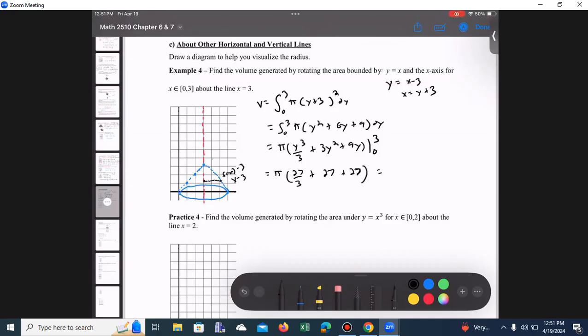And so we'll have 54 pi, which is about 197.92.